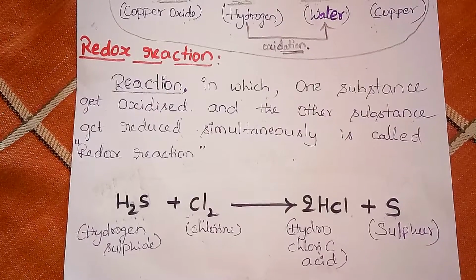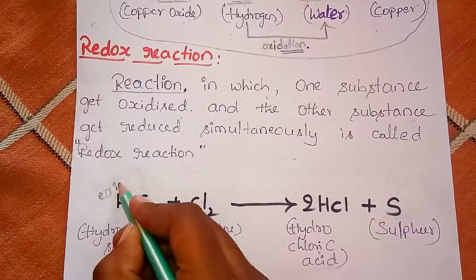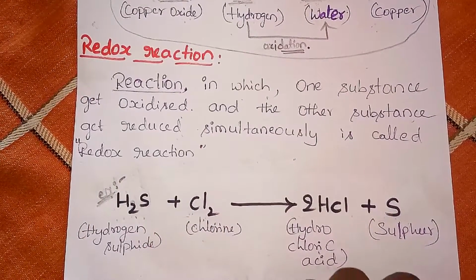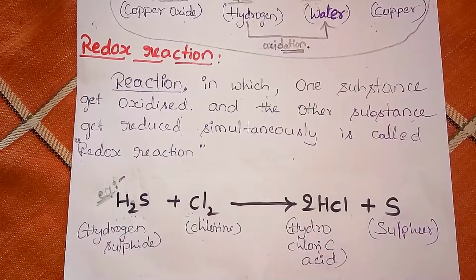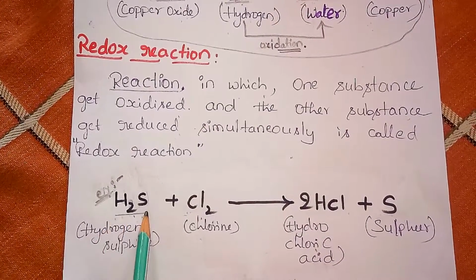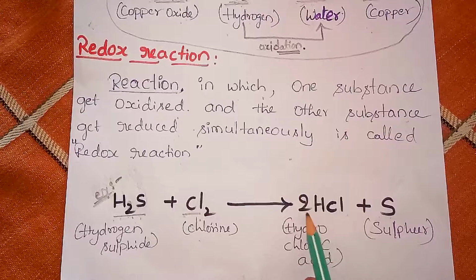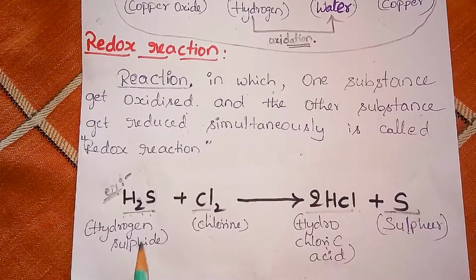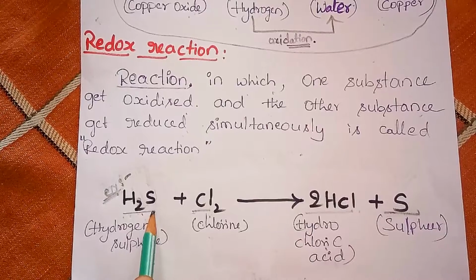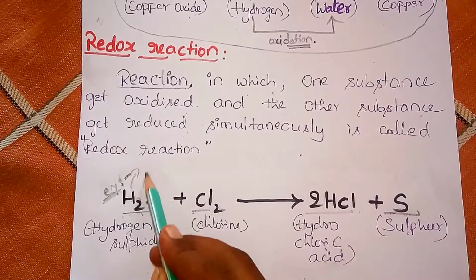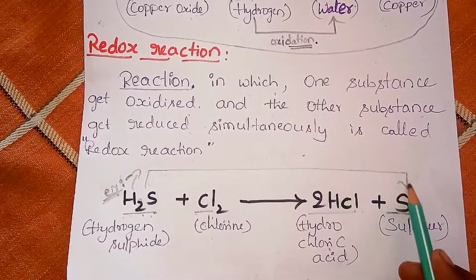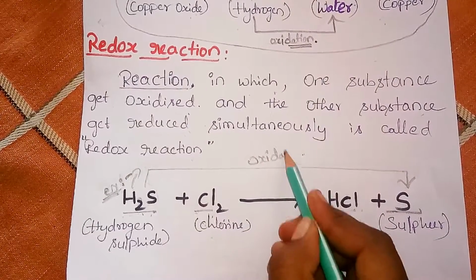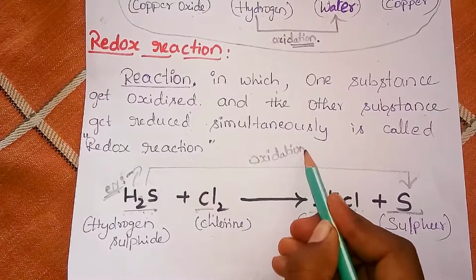Let's take one more example for redox reaction, which we already saw in oxidation in terms of hydrogen. Here hydrogen sulfide reacts with chlorine and forms hydrochloric acid and sulfur. Hydrogen sulfide loses hydrogen and forms sulfur, which shows oxidation.